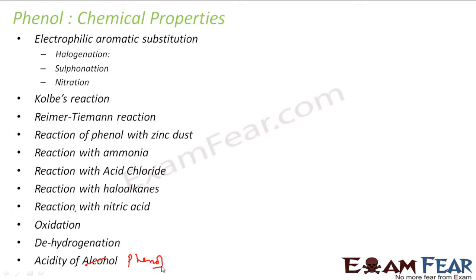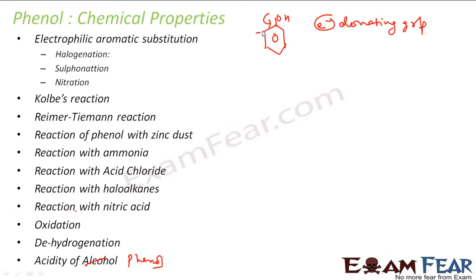So before we start this reaction, let's understand one thing. In phenol, I have this OH group. And this OH group is nothing but an electron donating group. Since this donates electrons, this whole phenol is more prone to electrophilic substitution reaction. Why electrophilic?